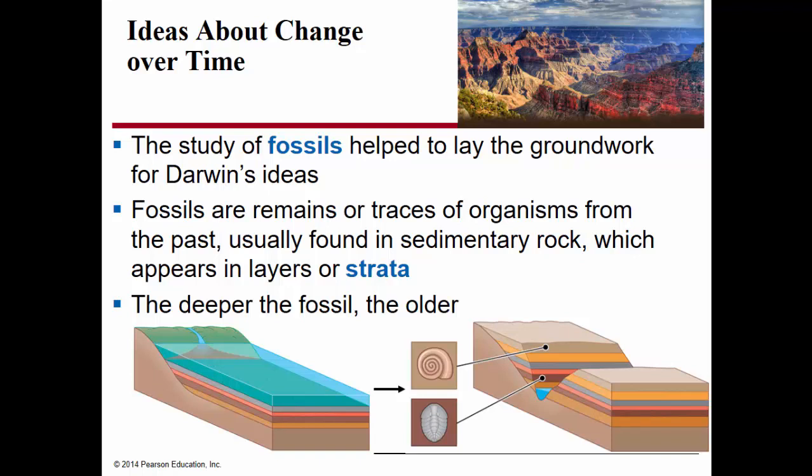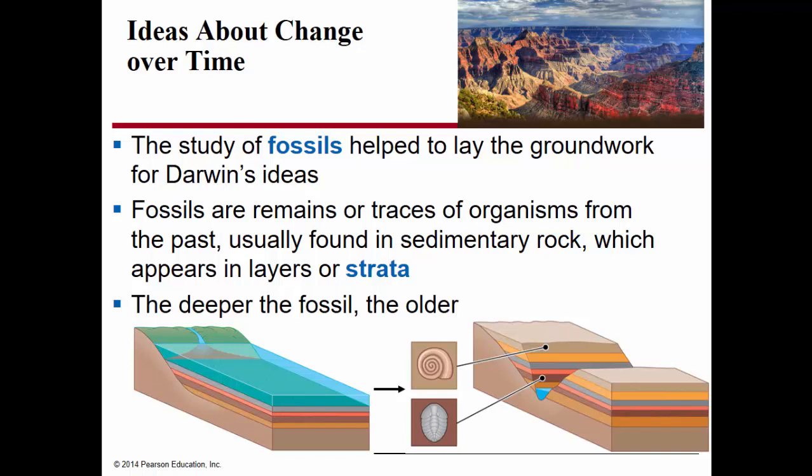Most types of fossils are found in sedimentary rock. That is rock that's formed from the aggregation or the cementing together of small pieces of rock, sand, dust, and other materials. And sedimentary rock forms layers, one layer upon another.